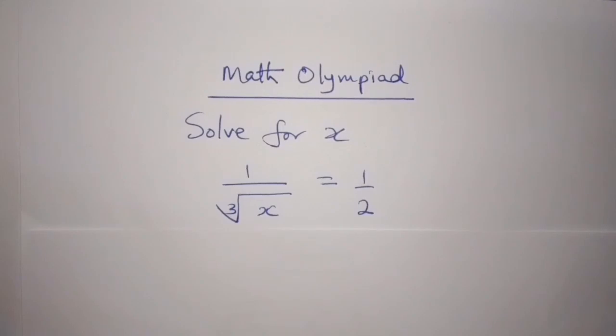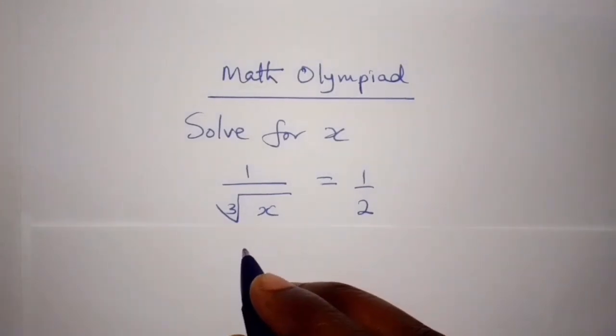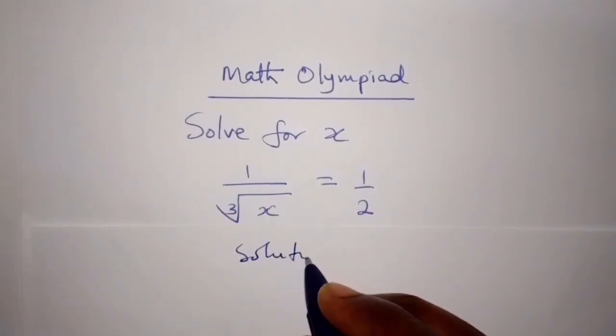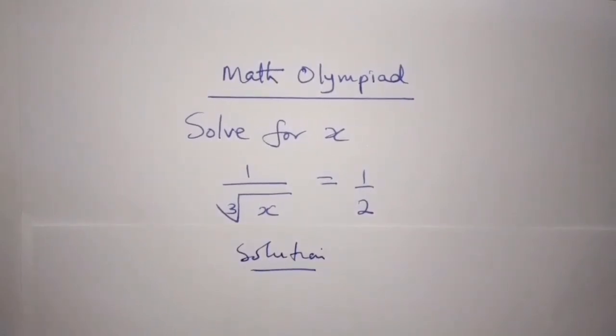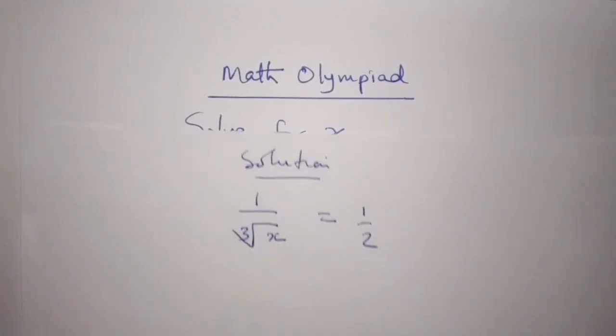Solve for x. 1 over cube root of x is equal to 1 over 2. So we can write it as 1 over cube root of x is equal to 1 over 2.